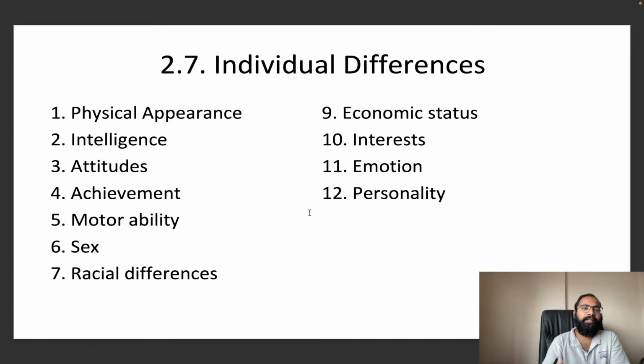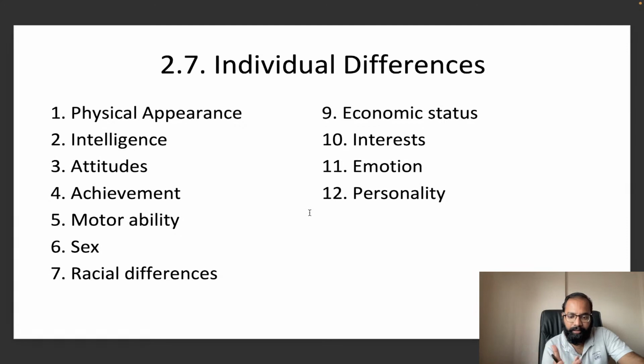Fine. Coming to the last topic of learner characteristics, that is individual differences. What is this? It means if you take 100 students in a classroom, each and every student is unique. Am I correct or not? If you take 100 students or 1000 or 10,000 students, each and every candidate is unique.